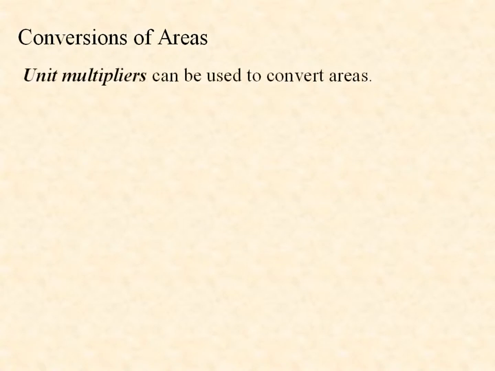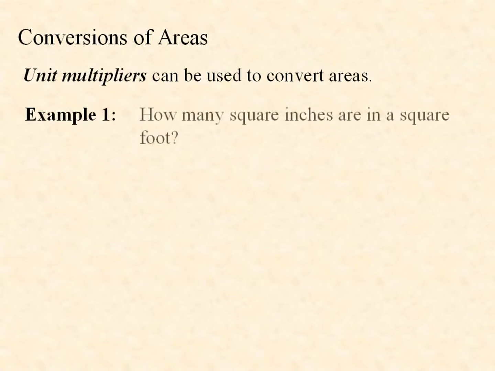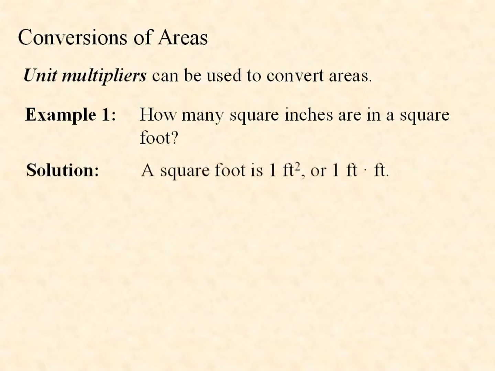Our next topic is conversions of areas. Unit multipliers can be used to convert areas. For example, how many square inches are in a square foot? A square foot is 1 foot squared, or 1 foot times 1 foot.